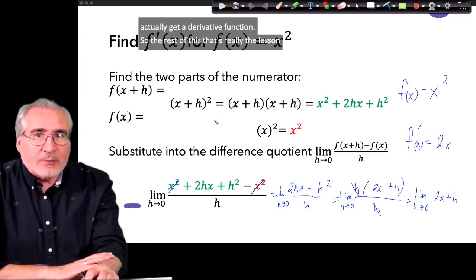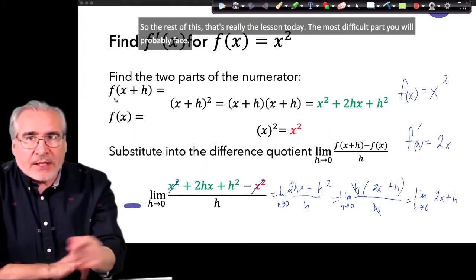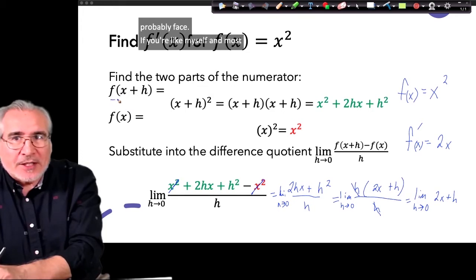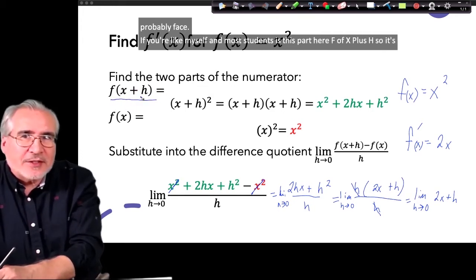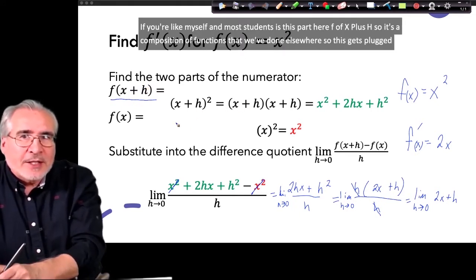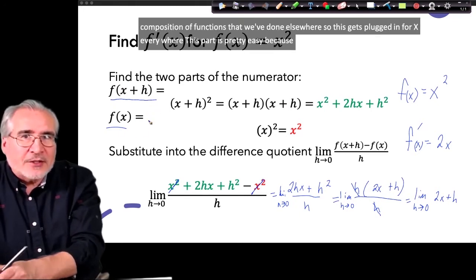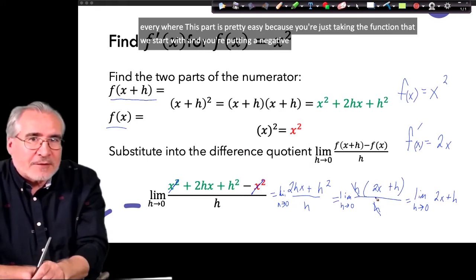The most difficult part you will probably face, if you're like myself and most students, is this part here, f of x plus h. So it's a composition of functions that we've done elsewhere. So this gets plugged in for x everywhere. This part's pretty easy because you're just taking the function that we start with and putting a negative on it, you're subtracting it from it.